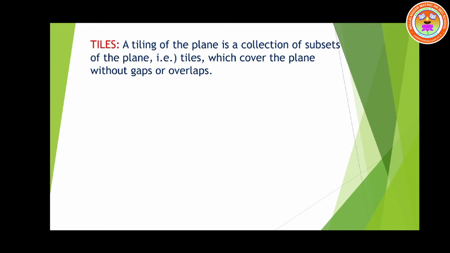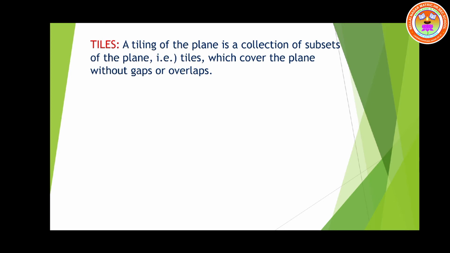Let us know the definition of tiles. A tiling of a plane is a collection of subsets of the plane. I'll repeat again. A tiling of the plane is a collection of subsets of the plane, that is, tiles which cover the plane without gaps or overlaps.